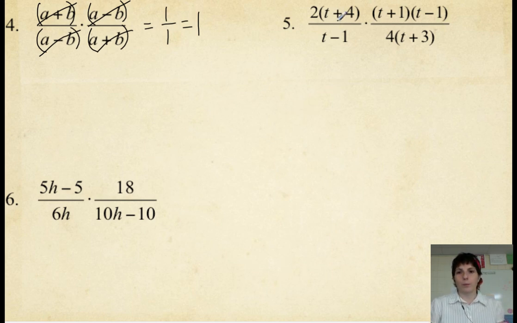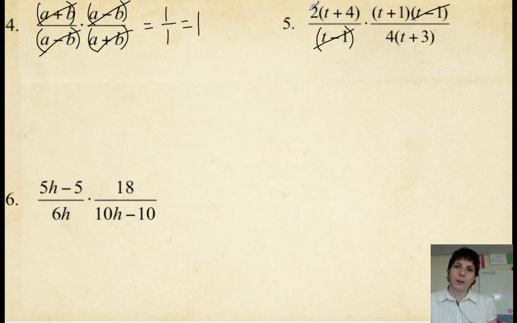So when we work through number 5, I want to point out a couple of things. The first is that often in your homework, remember, the binomials aren't going to have parentheses around them, so you should start by putting them in. Second is a simplification. So t minus 1 over t minus 1 is going to simplify.